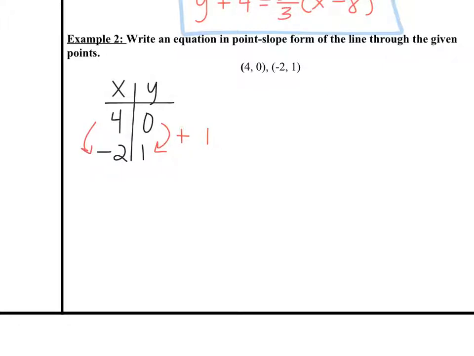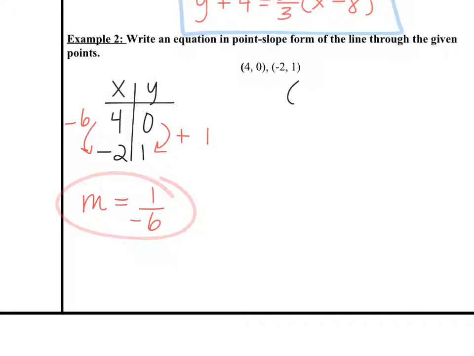Your change in X is -6. So your slope, M, is 1 over -6. That's your first piece of information. The other information you need is a point. Doesn't matter which one you choose.